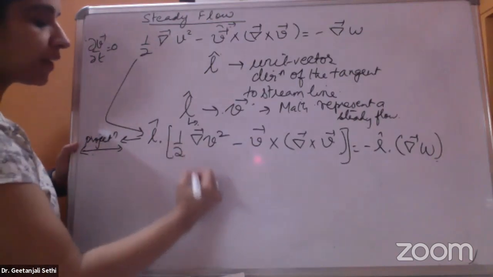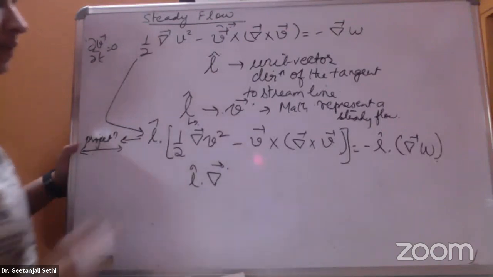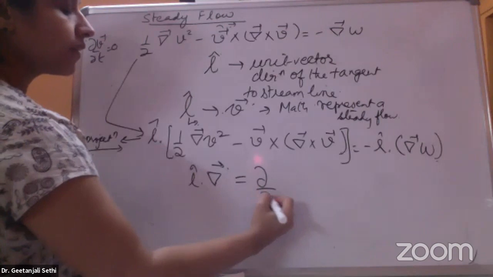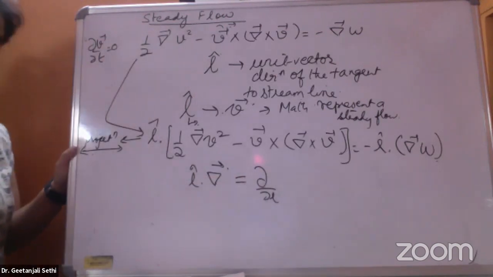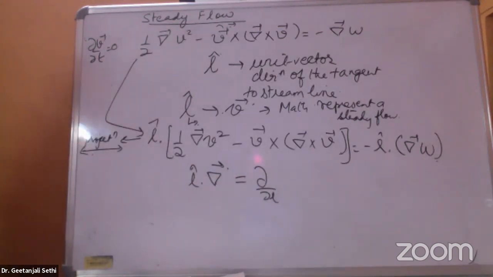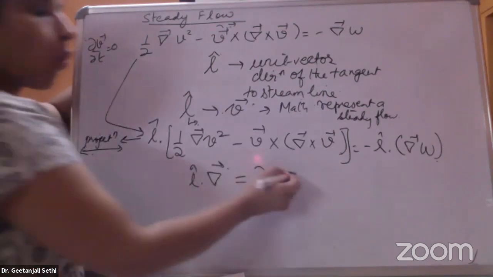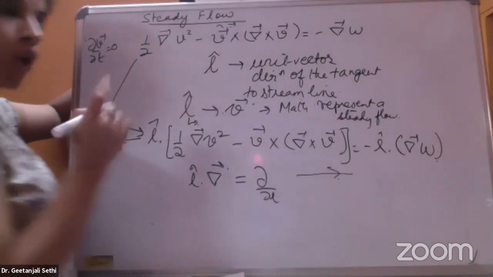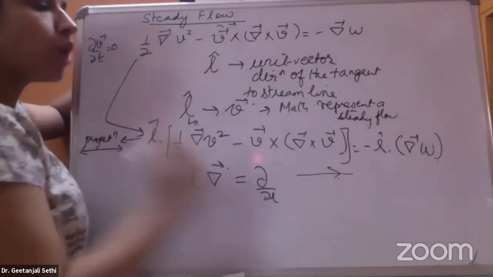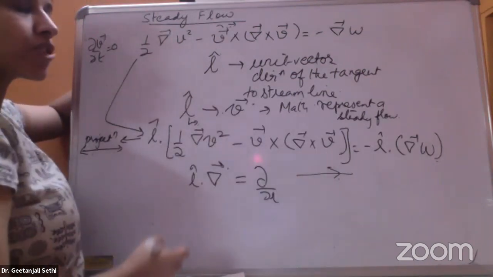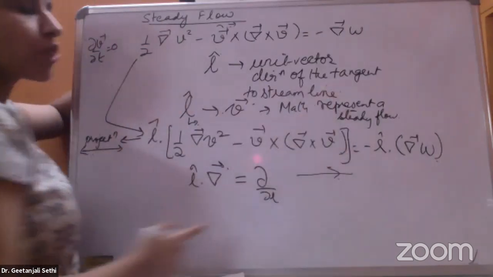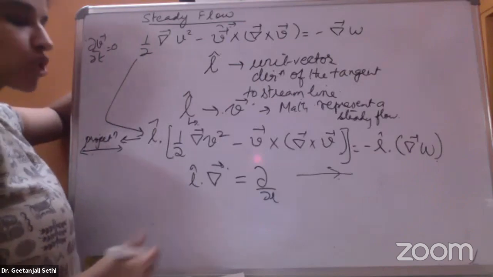Now, what do I mean by doing L dot grad? L dot grad means that I look at the derivative or the change in the velocity field only along the streamline, right? Because at all points, it's a steady flow. At all points, the direction of the tangent to the streamline is going to give me the direction of flow of fluid. So I'm just interested in looking at the flow along the direction of the streamline.